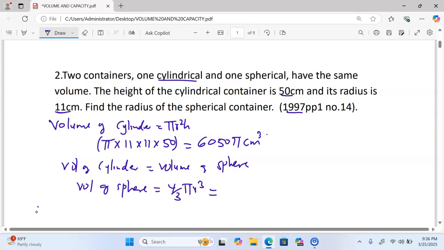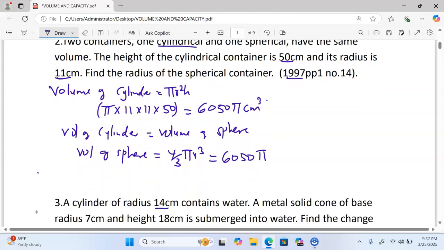This volume is going to be equated to 6050 pi centimeter cubic. Pi and pi can cancel, so that we have 4/3 r cubed being equal to 6050.